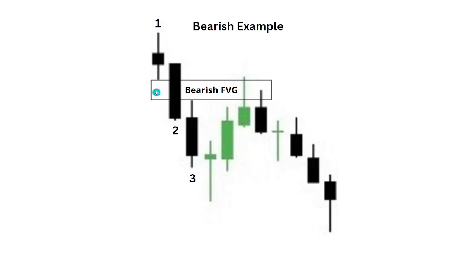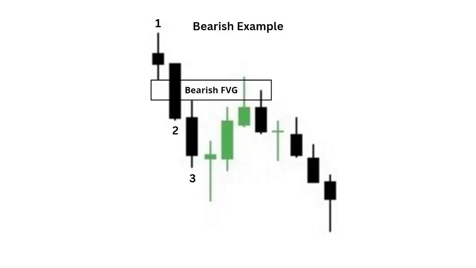Keep in mind, do you see that this wick here is not traded all the way down? The same with the third candle. It's not traded all the way up, leaving the gap right here. What does price do? Price goes up, fills in that imbalance, and then rallies down. That's it. That's all it is to a fair value gap.